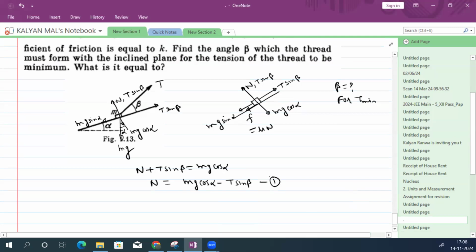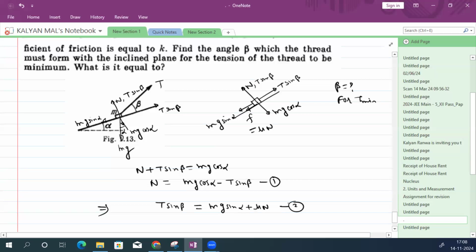Now the second equation, in the direction of the plane. For minimum tension, that means the sliding is just starting, and that means there is no acceleration, only the forces balance. So T cos beta is the force in the upward direction, and in the downward direction the force is mg sin alpha plus mu N. This is the second equation.